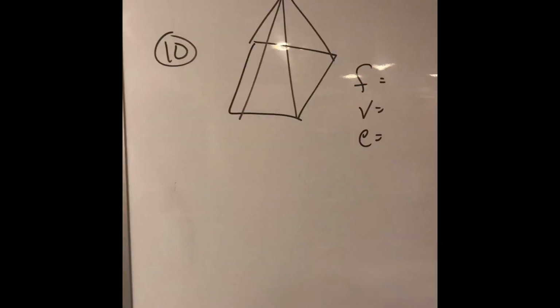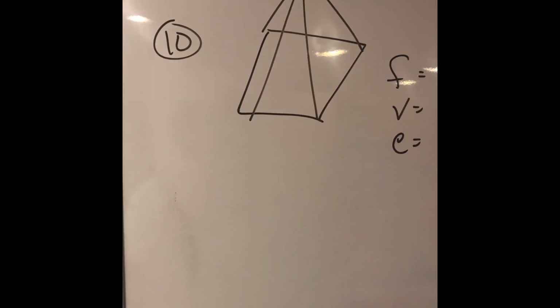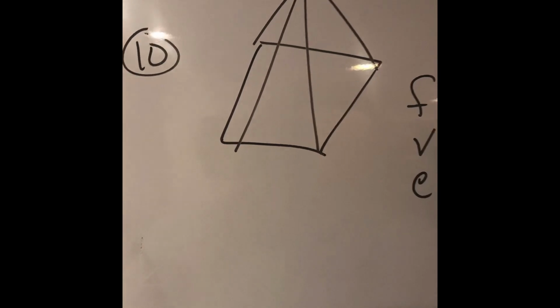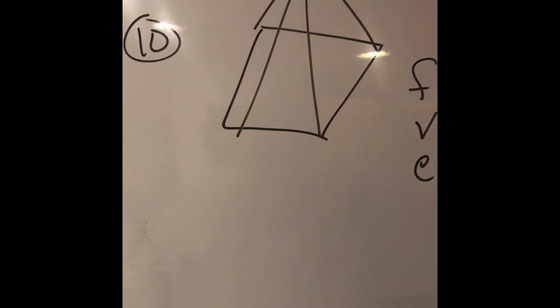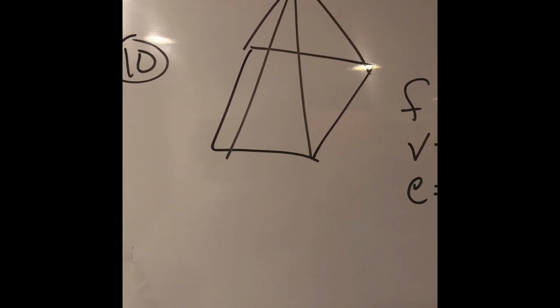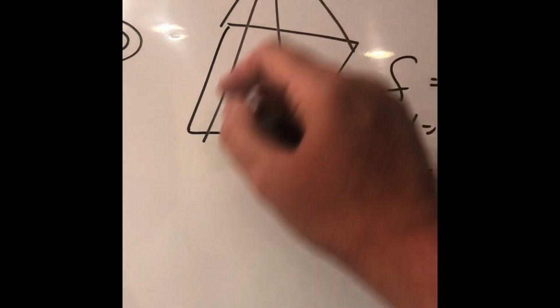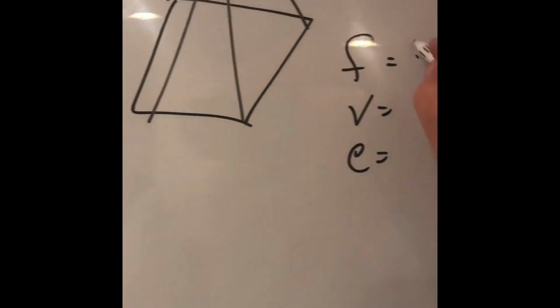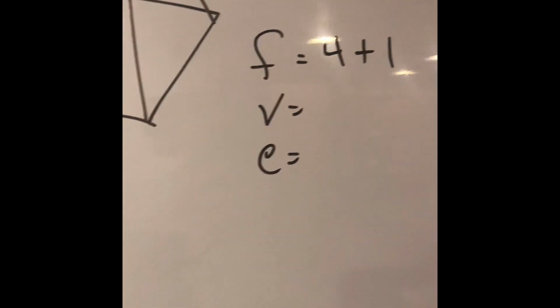Okay? Number 10, they want to know how many faces, vertices, edges there are. All right? So, faces, again, you can count or you can put it into the formula. Well, I know that this is a rectangular pyramid. So if I go to pyramid, faces is the number of sides on the base, which is 4, plus 1.